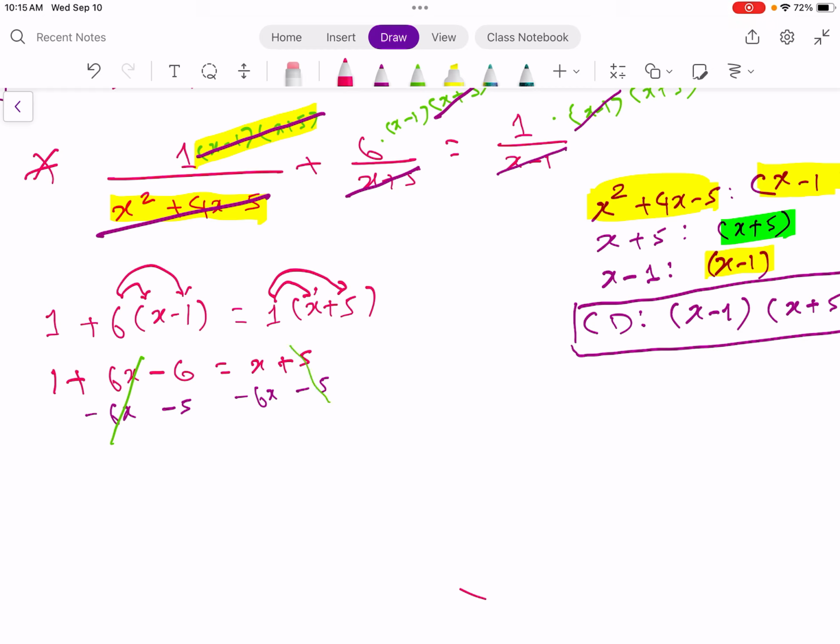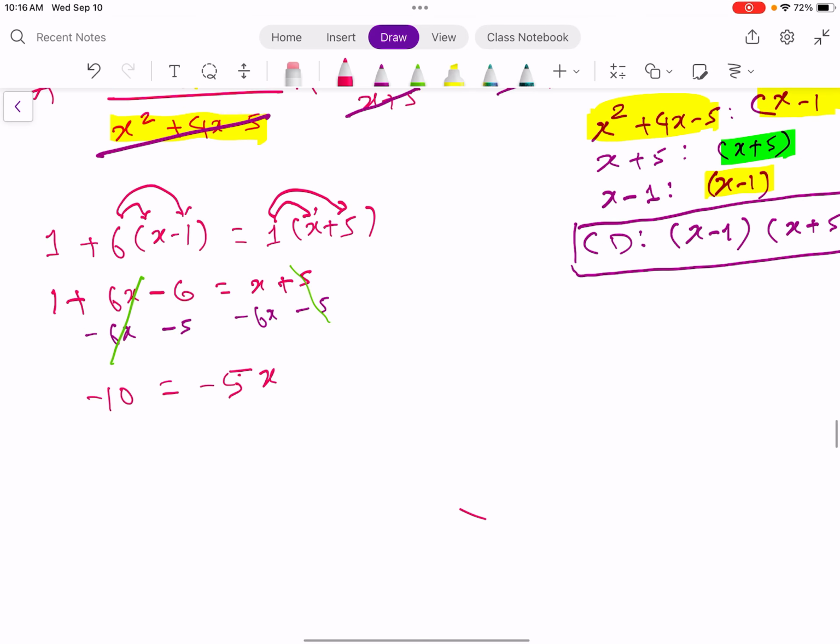So 1 minus 6 is minus 5, and minus 5, minus 10, equals x minus 6x, that is minus 5x. Now you divide both sides by negative 5. So this is positive 2 equals x. So x equals 2 is the solution for this rational equation.